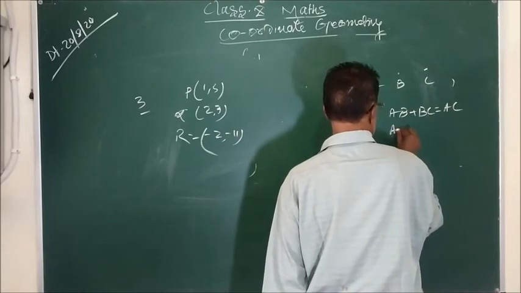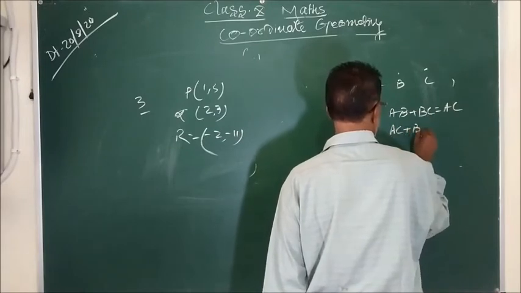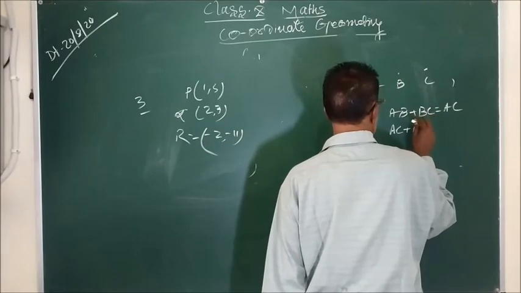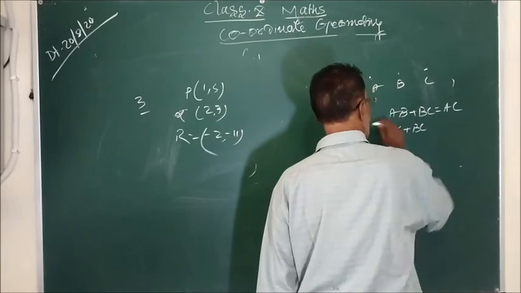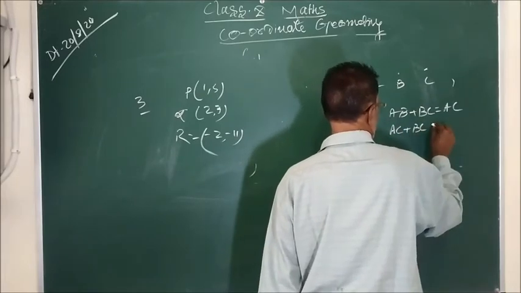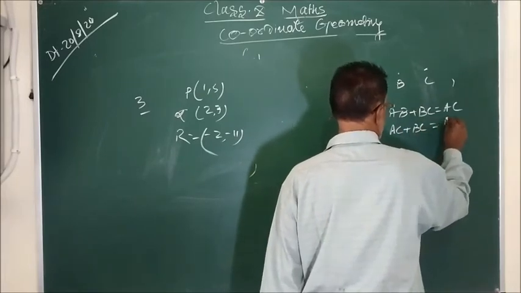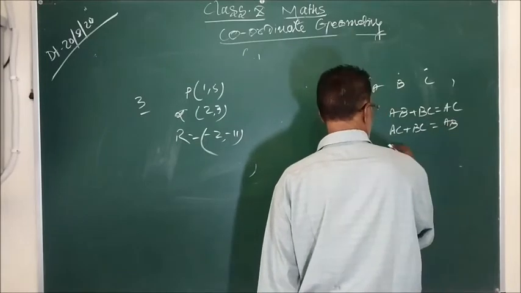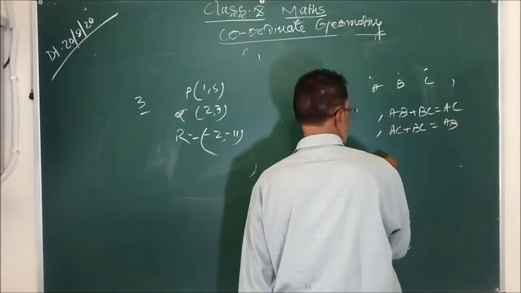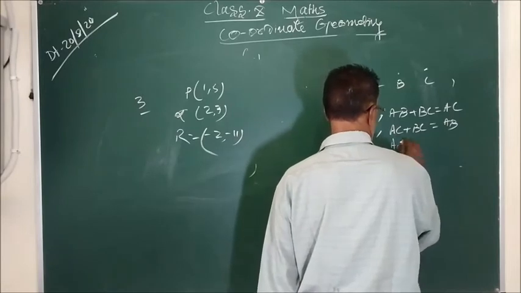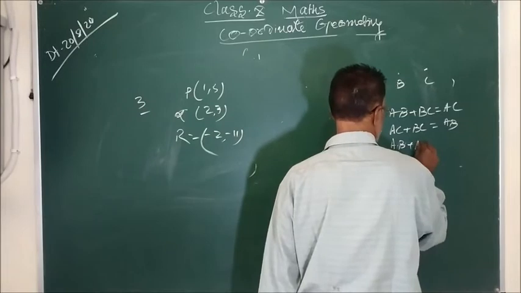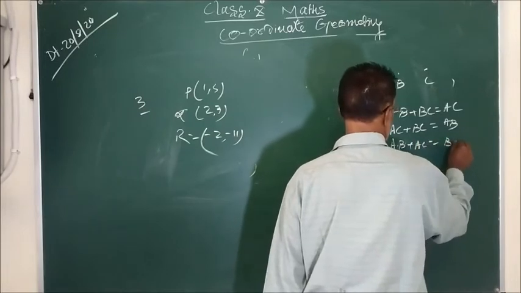And second possibility, AC plus BC is equal to AB, if we change the points. And the third possibility is AB plus AC is equal to BC.